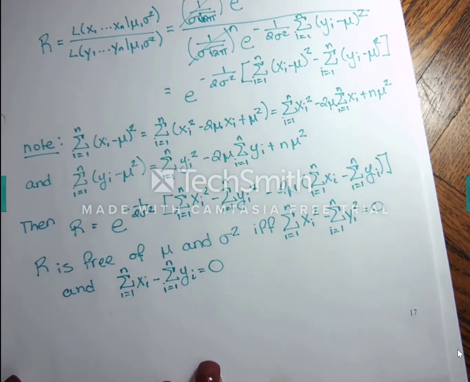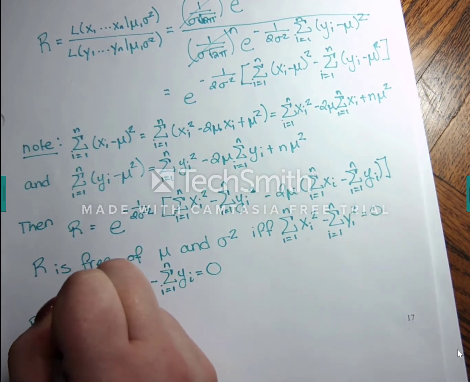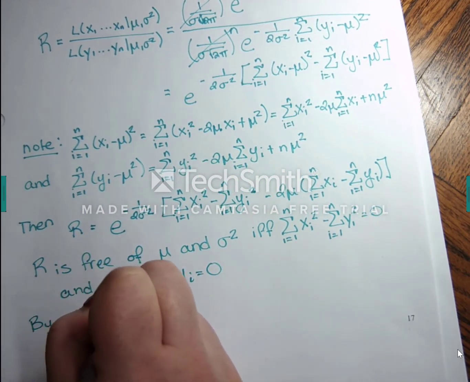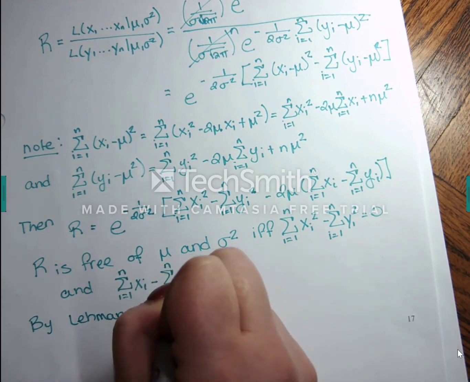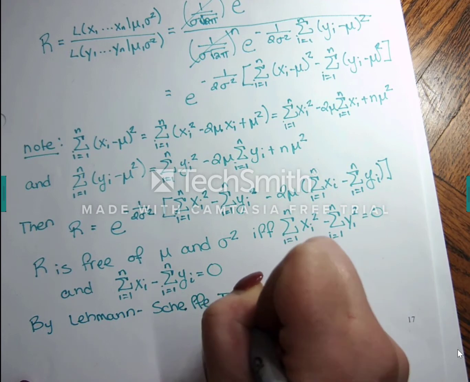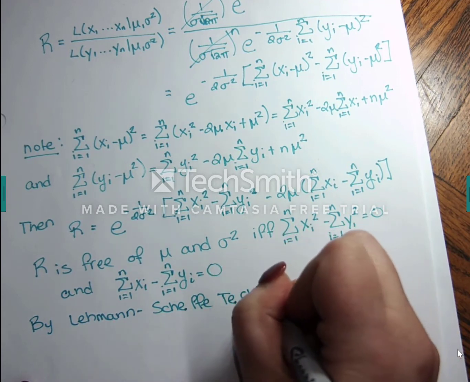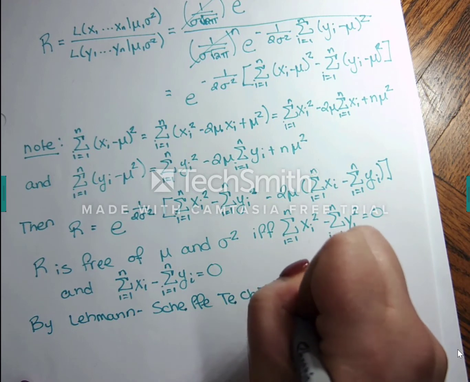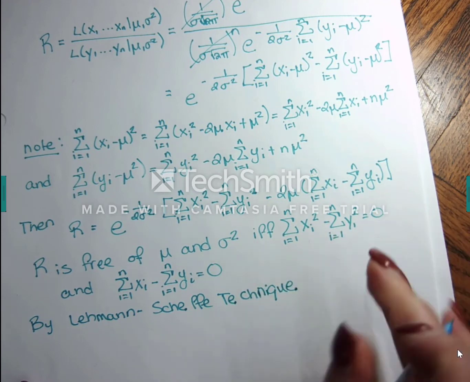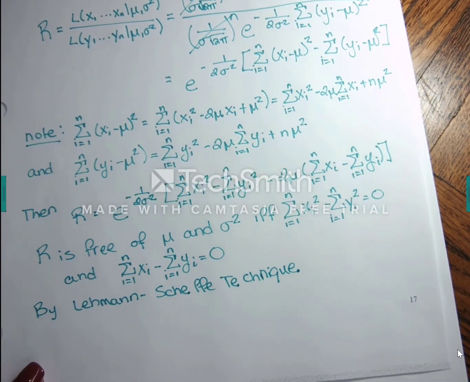So therefore, we can apply the Lehmann-Scheffé technique. By the Lehmann-Scheffé technique, our minimal sufficient statistic is actually going to be two values.